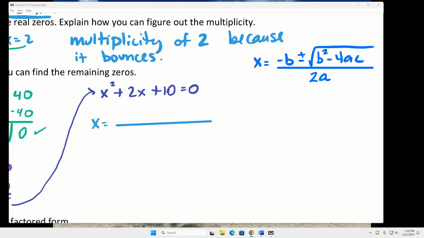All right, so in this case, b is 2, so we're going to do the opposite of 2, plus or minus the square root of 2 squared. I'm going to go ahead and make that 4, minus 4 times a, which is 1, times c, which is 10, divided by 2 times a, which is 1.